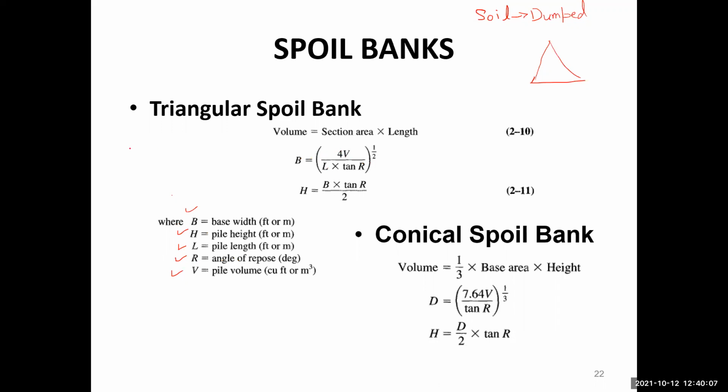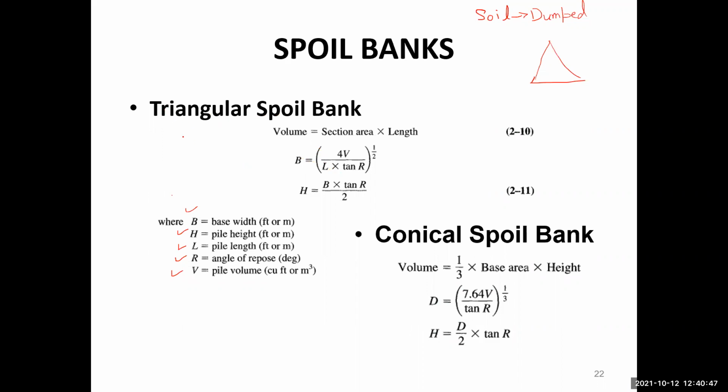This formula is nothing but the application of geometry to calculate the volumes of the shapes. By using the principles of geometry, we can easily derive this formula. I'm not going into the derivation of this formula, but you can do it very easily. So this is the triangular spoil bank.